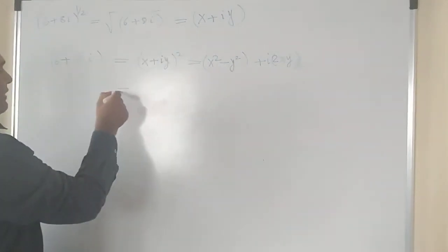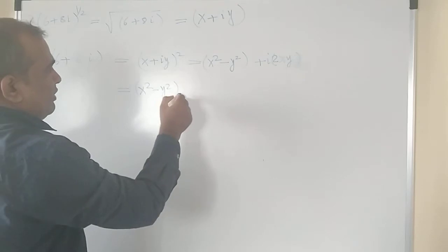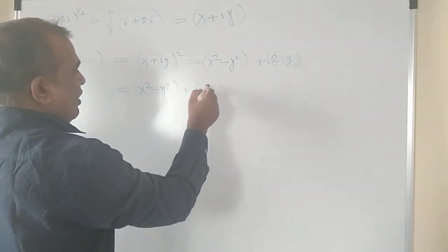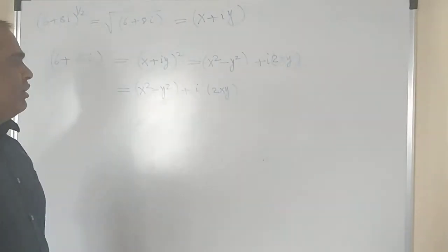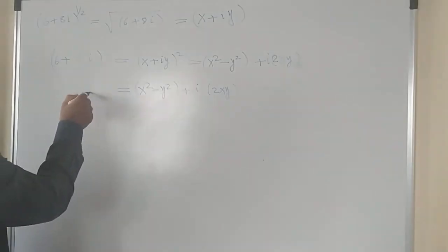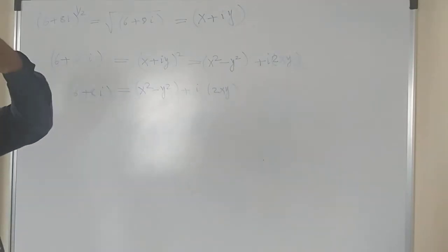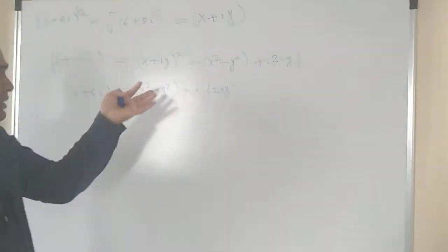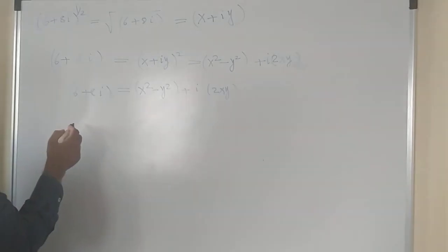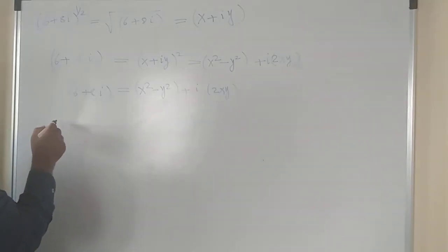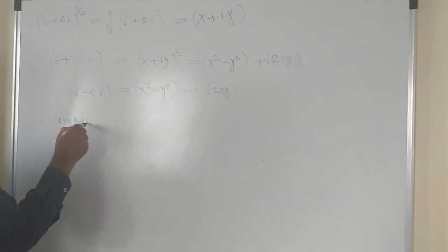So the real part is x square minus y square and the imaginary part is 2xy. Comparing the above equation, we get the real part and imaginary part of the complex number.